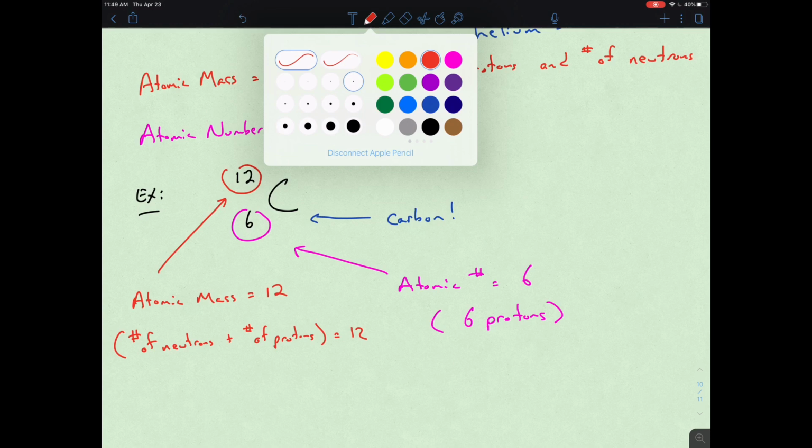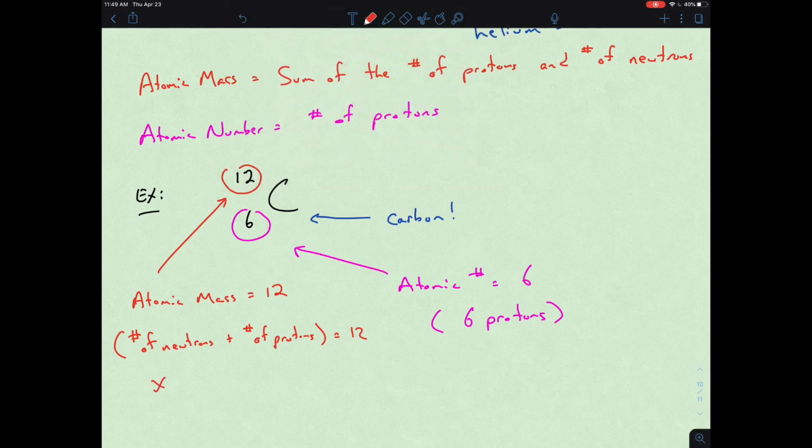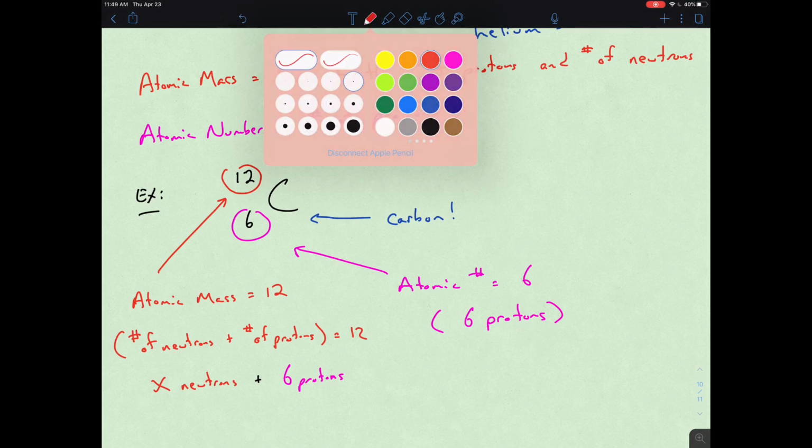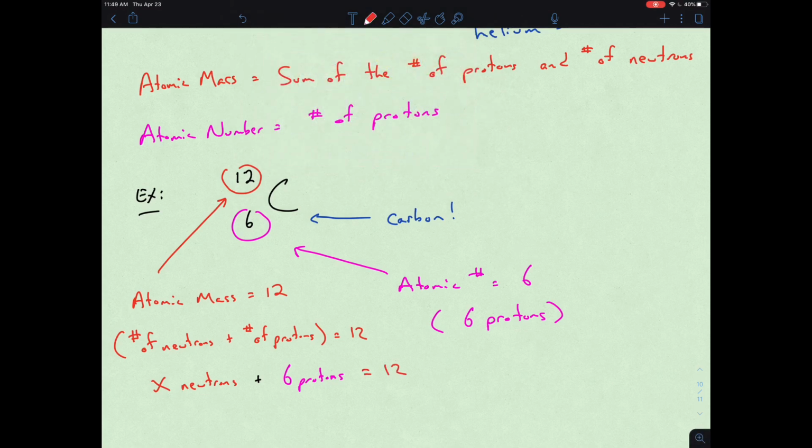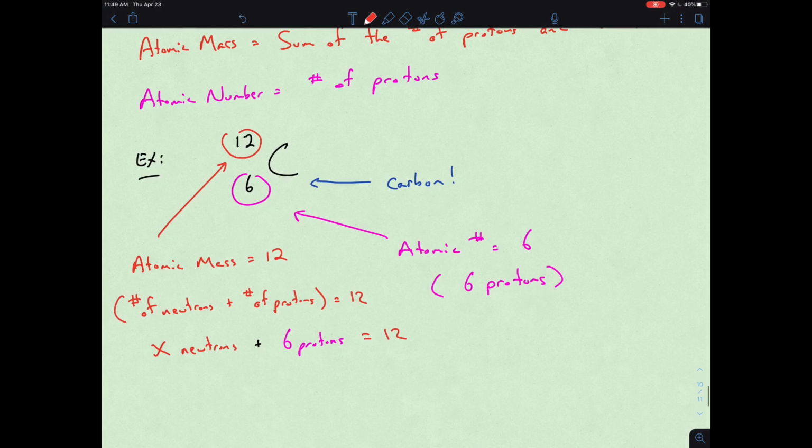So if I don't know my neutrons, but I do know my protons, that has to equal 12. So that means I have 6 neutrons as well.